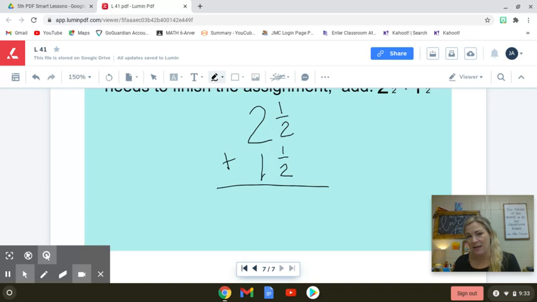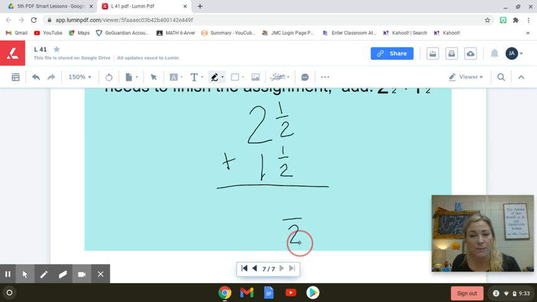So I've stacked this vertically right on top of each other. I'm going to begin this work by looking at my fractions. So do my fractions have a common denominator? Yes. So let's bring that down right away. It's 2. Now I can work with my numerators. I have 1 plus 1, and that's 2. Right away, I notice something about this fraction. I can't leave it like that.